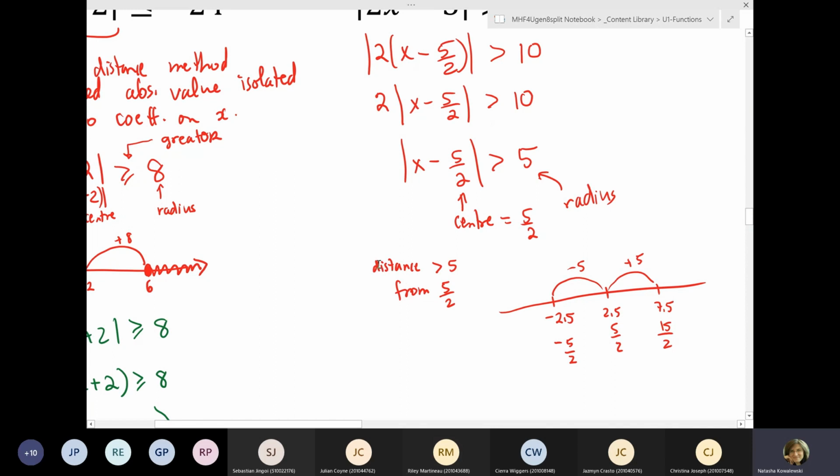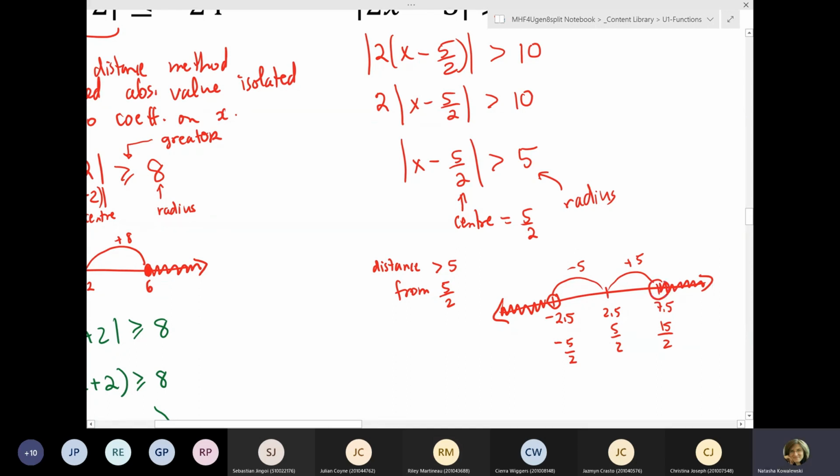So we said we want all numbers that are bigger than distance of 5 from the center. So are we shading on the inside closer to 2.5 or farther away from 2.5, the center? We want the distances to be bigger than this 5. Where do I shade? Outside. Outside. And I'm not going to shade the actual endpoints because it doesn't say equal to, right? It just says greater than.